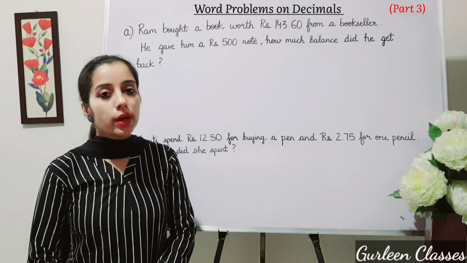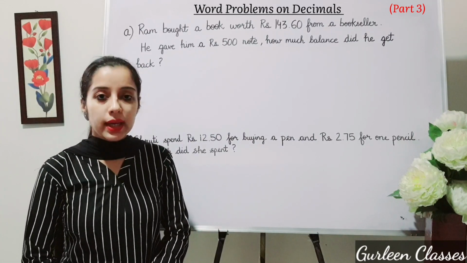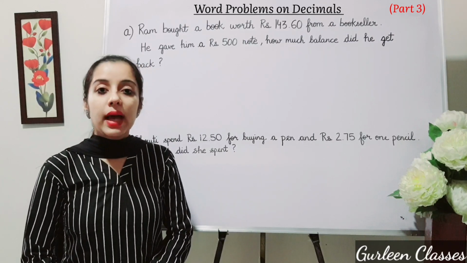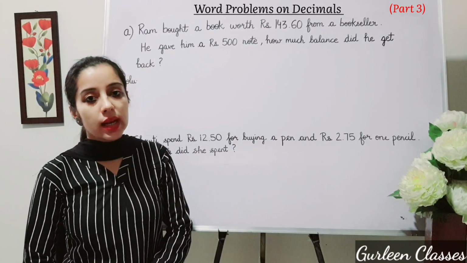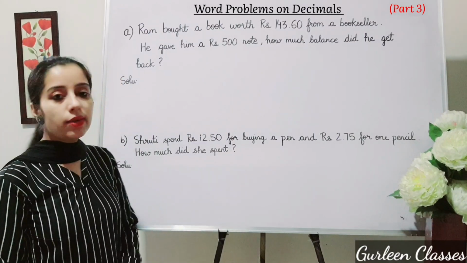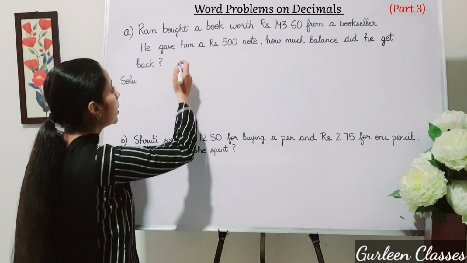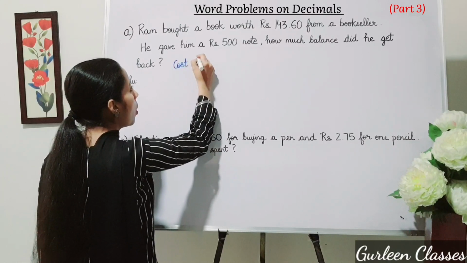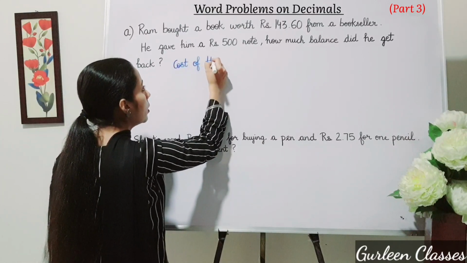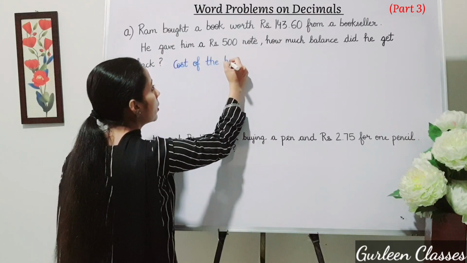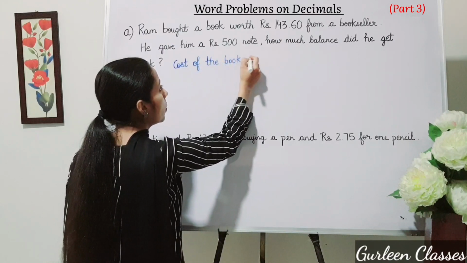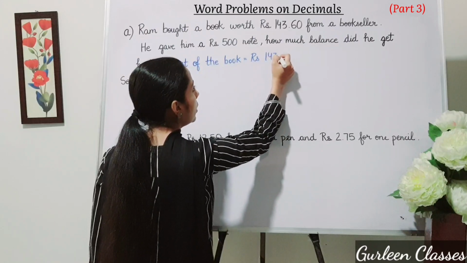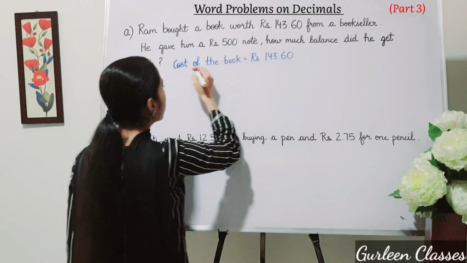So students, what is the cost of the book? Rupees 143.60, and money paid to the bookseller, rupees 500. So let us write here: cost of the book is equal to rupees 143.60.